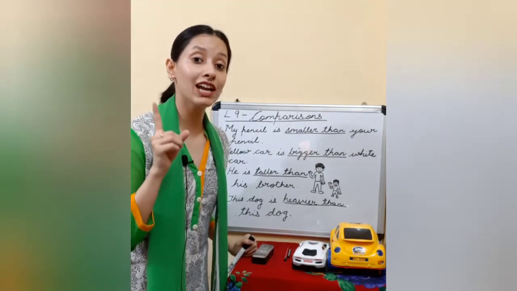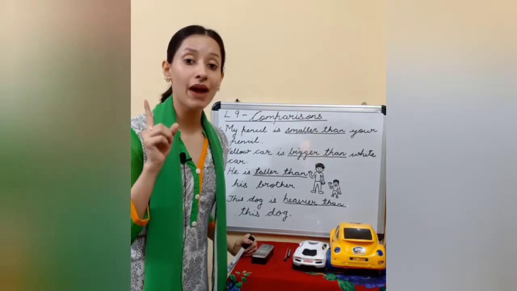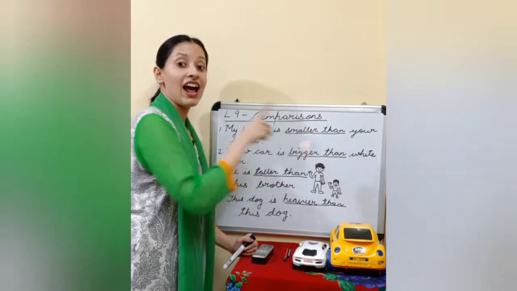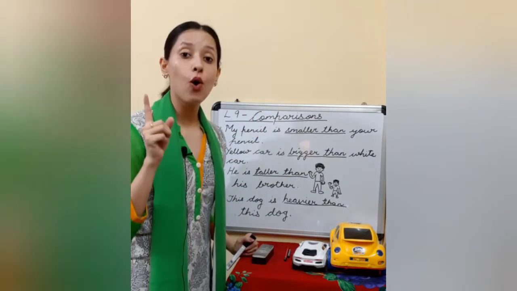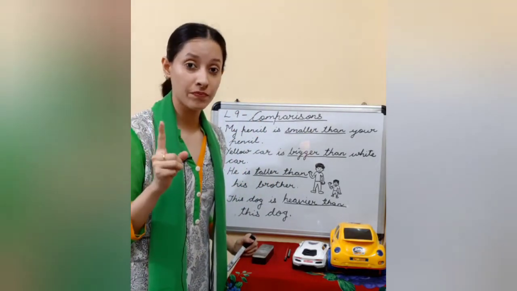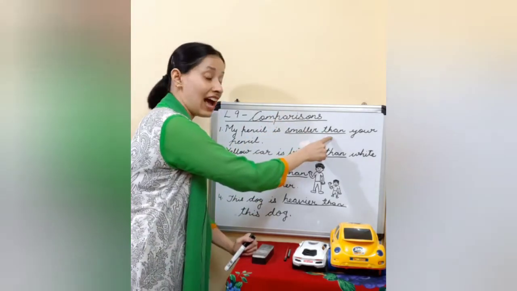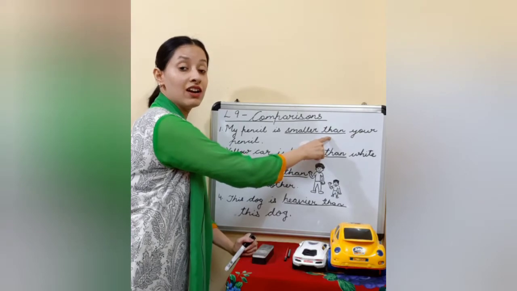Now I am going to tell you this. When we make comparison, we add ER at the end of the describing word, and we also add than to make comparison.